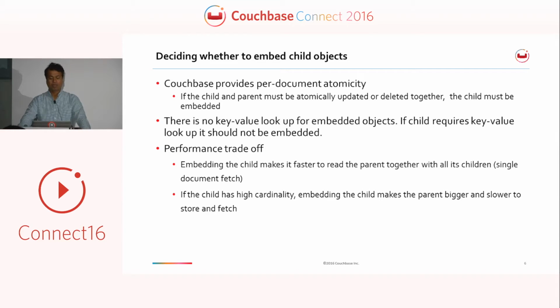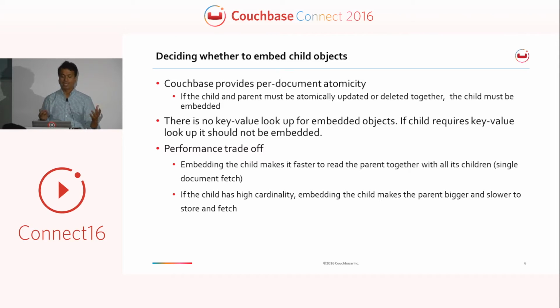An embedded child means a bigger document size, and makes it easy to get the object and its related information together. That means you don't need to join in the backend. When you get a customer object, you get the customer and its related objects with a single fetch, whereas if you represent customer and their connection information or billing information as separate objects, you need to do the join before you get back.